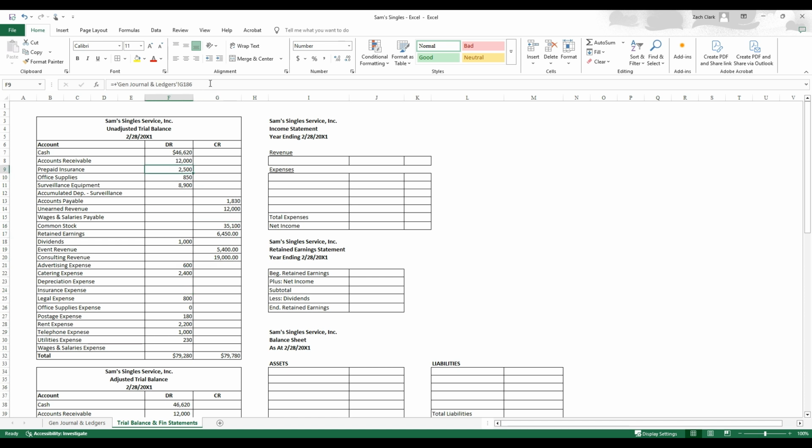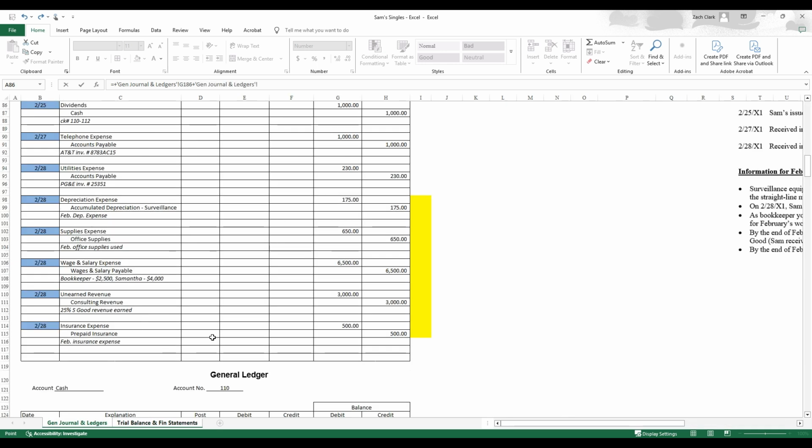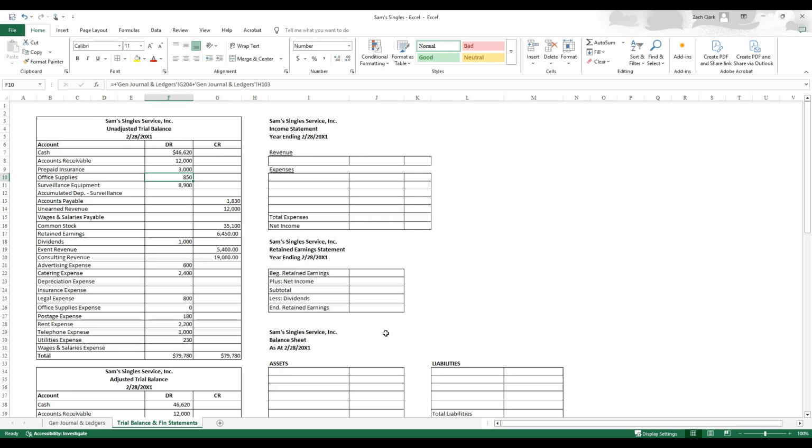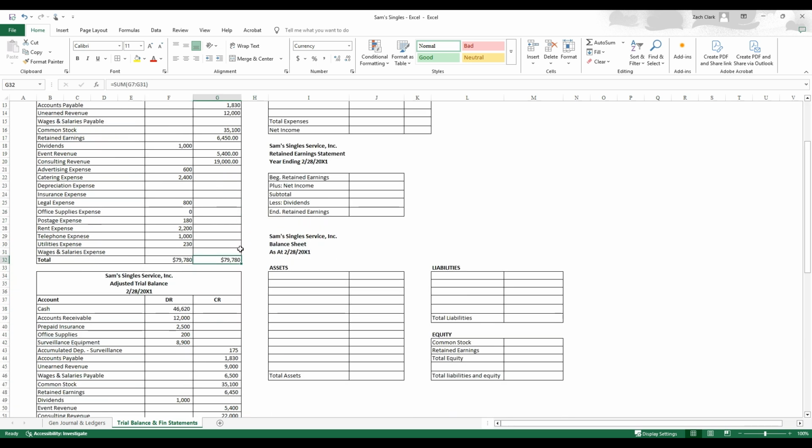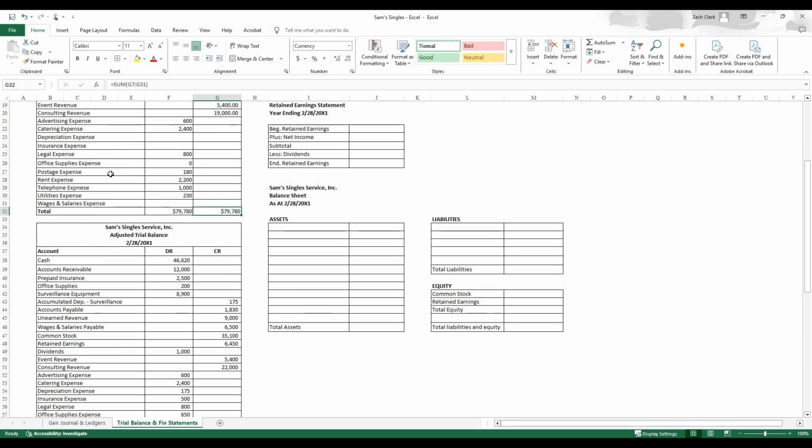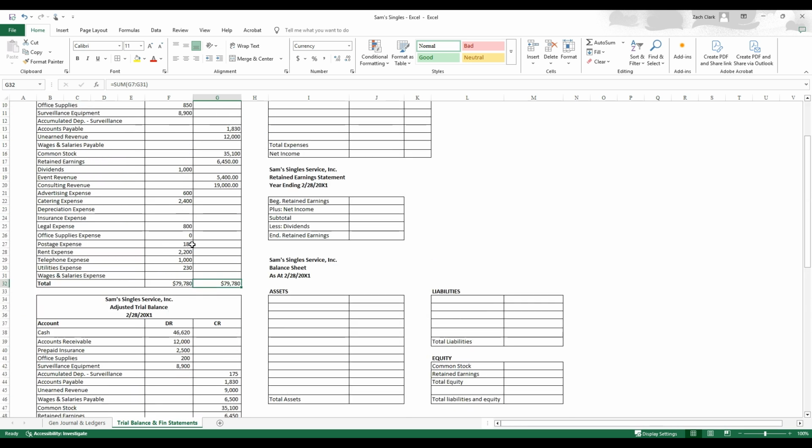But we need to back out the effect on the prepaid insurance. So we're going to add back what was a reduction in the adjusting journal entry. And now we're at a good spot with 79.78. We're balancing, debits and credits balance. Here's the unadjusted version. Here's the adjusted version.